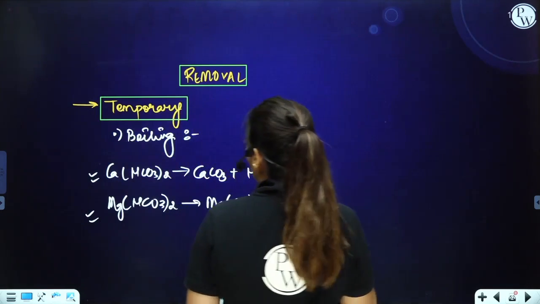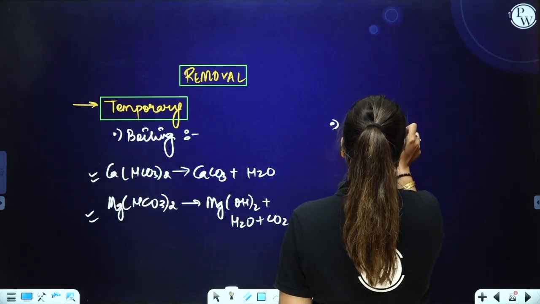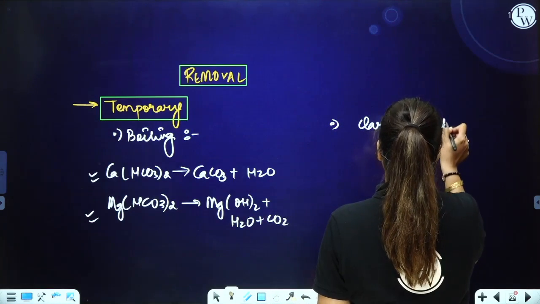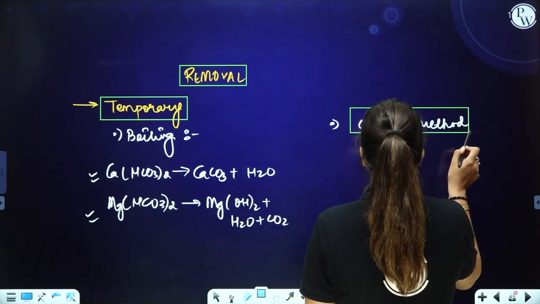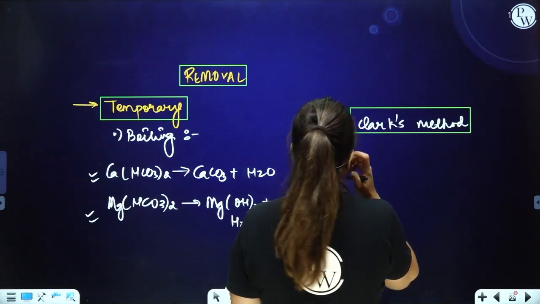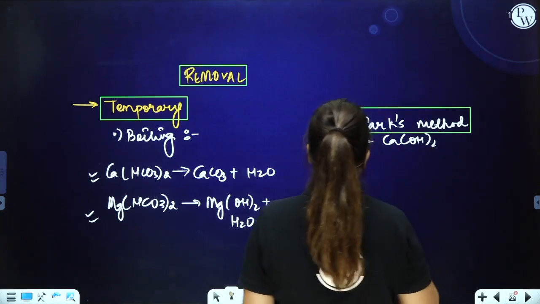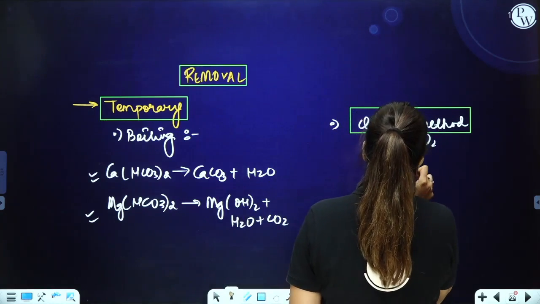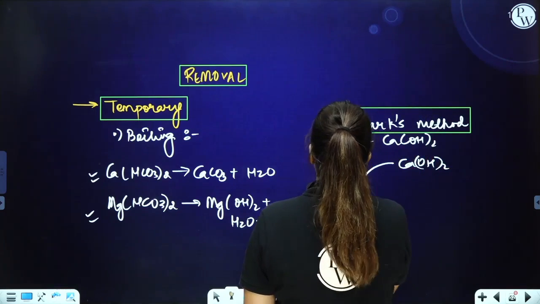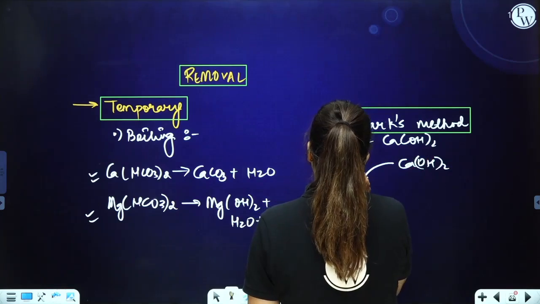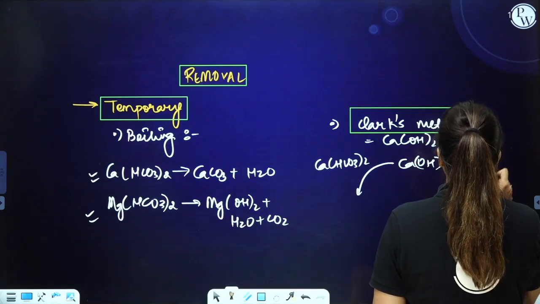After that, we have a method which is called the Clark's method. Okay, the reagent used in the Clark's method is the calcium hydroxide. So what is happening over here is this calcium hydroxide is reacting with the water present calcium bicarbonate, and it is reacting with the magnesium bicarbonate.